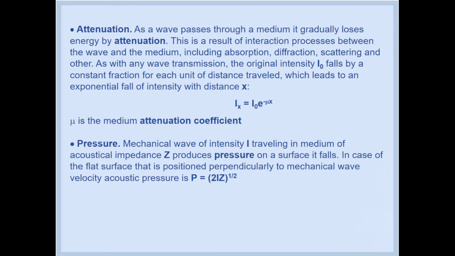This is just the loss of the mechanical wave energy, and this is reflected by attenuation. What is this attenuation? It is the diminishing, decreasing of the intensity of the mechanical wave with the distance.